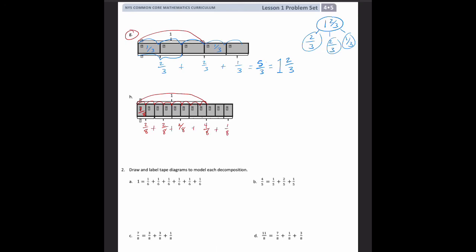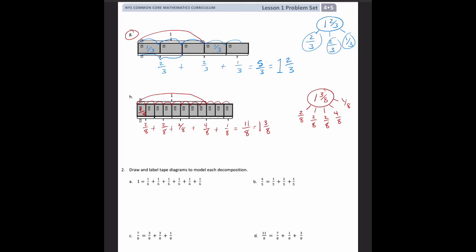Add all these up, I've got 2, 4, 6, 10, 11/8. 11/8 I can see up here from my 1 that I had 1 and 3 more. 1 and 3/8. Squeeze in my number bond. 1 and 3/8 was 2/8 and 2/8 and 2/8 and 4/8 and 1/8.